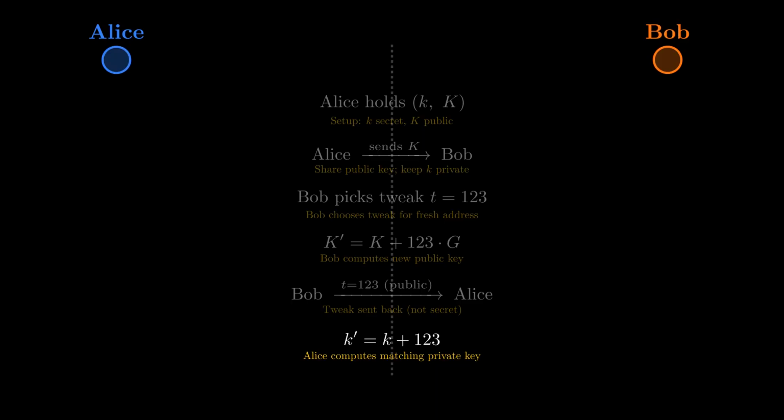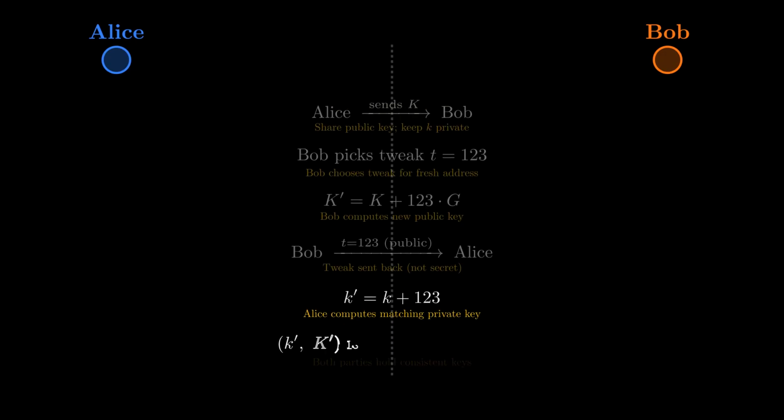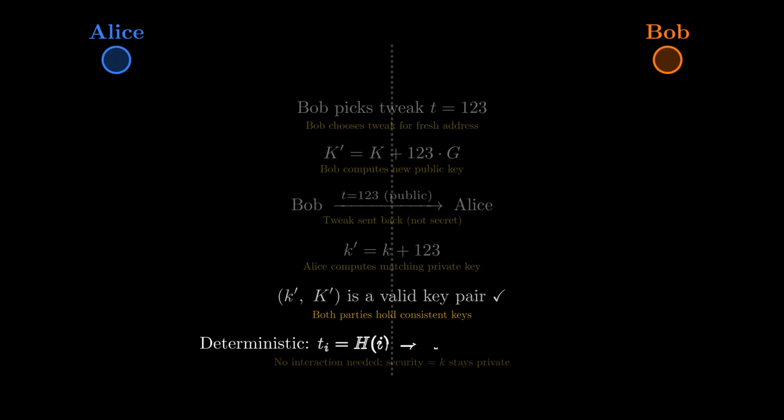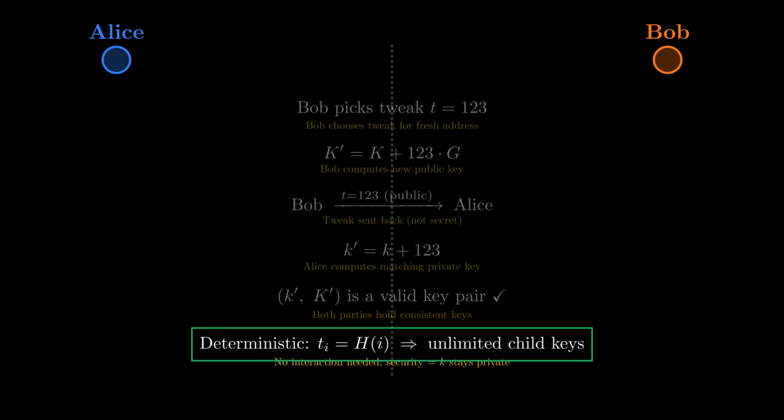Alice computes little k plus 123, and now she owns little k prime, the matching private key. Notice that the tweak itself is not a secret, it's just a recipe. The security lies entirely in Alice keeping little k private, and if tweaks are generated deterministically, say by hashing a counter, anyone with big K can produce an unlimited sequence of child public keys without any back and forth at all.